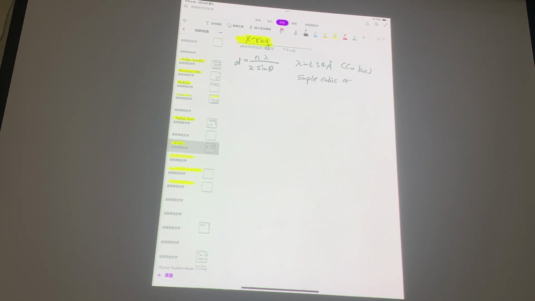We're not really going in depth. So for those, it's d equals a over the square root of h squared plus k squared plus l squared, right? So if we input the wavelength 1.54, we get 2 sine theta.